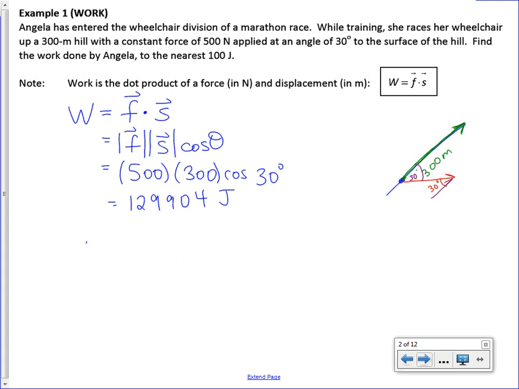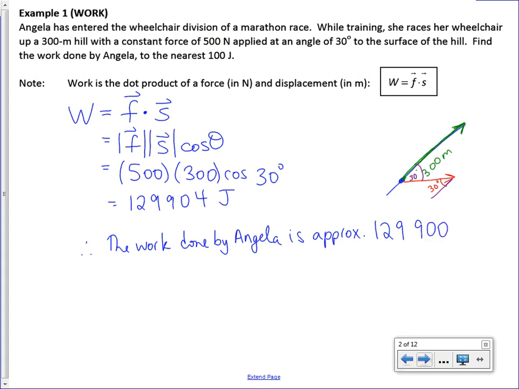So as a conclusion, the work done by Angela is approximately, if I round that to the nearest 100 joules, 129,904 rounded to the nearest 100, 129,900.